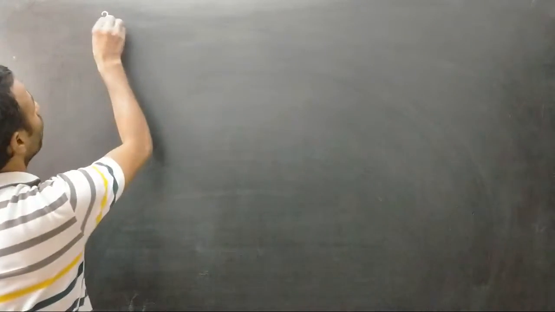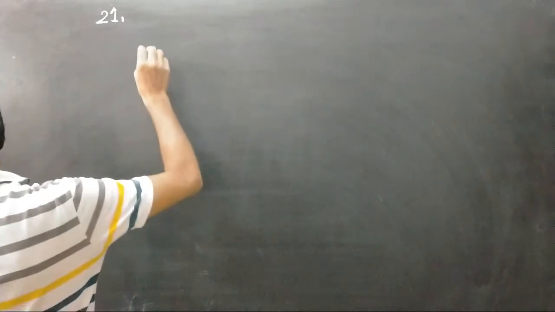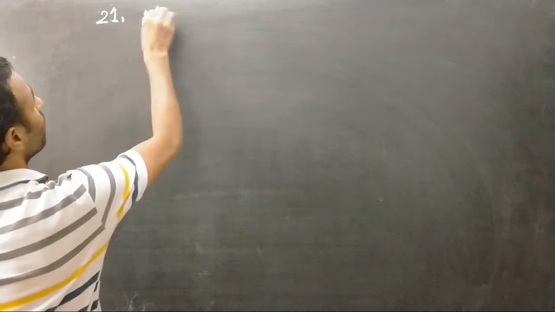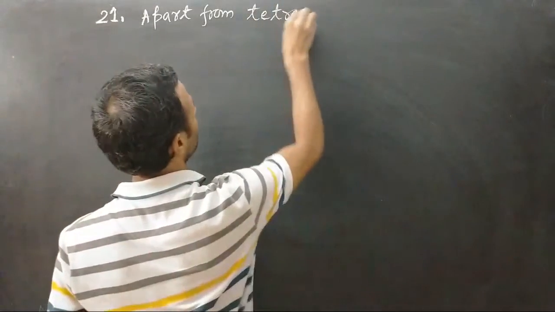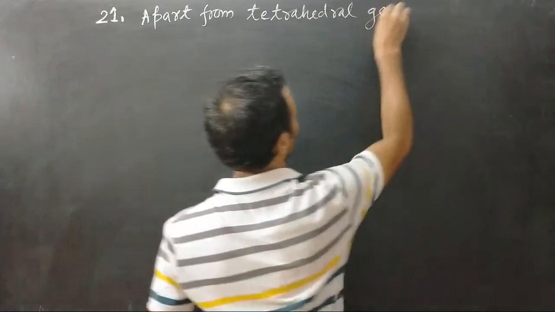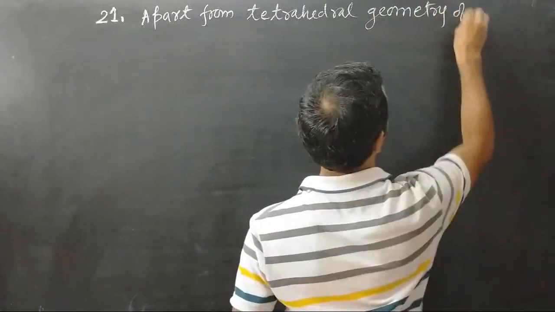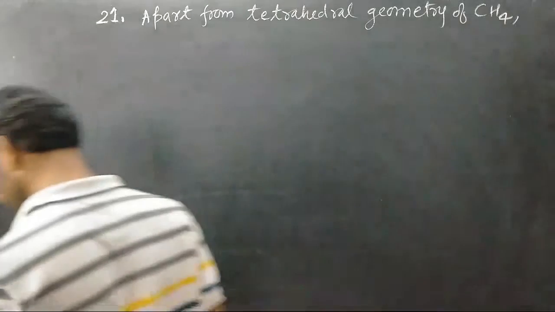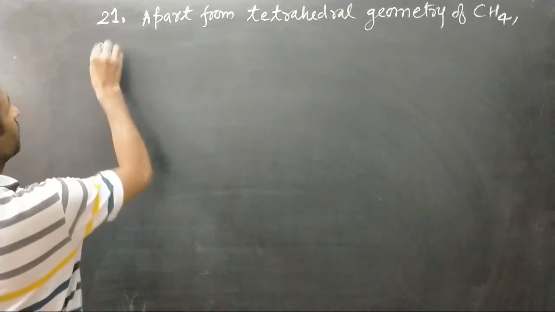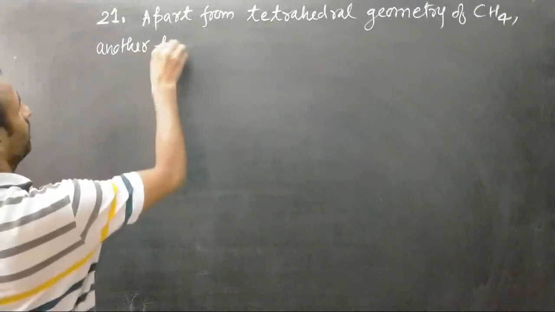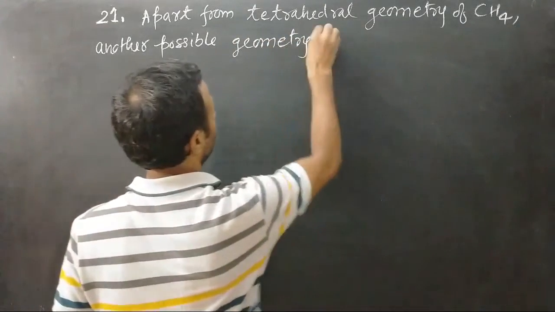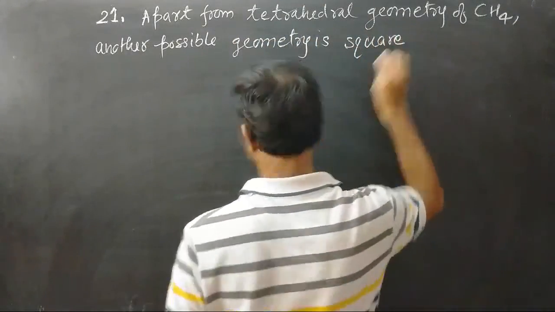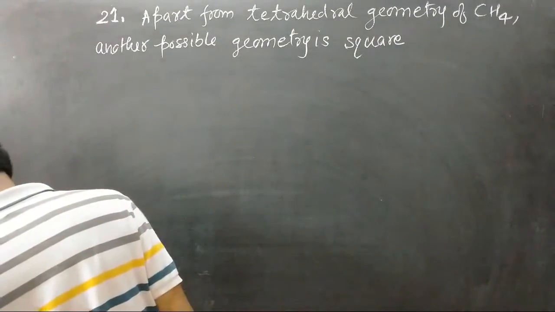Question number 21 is, apart from the tetrahedral geometry of methane, another possible geometry is square planar, right?